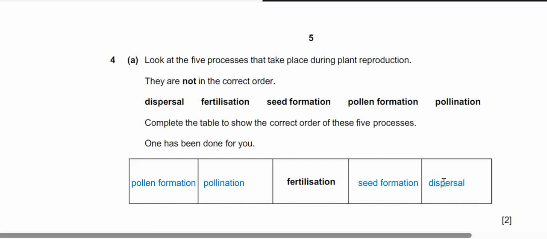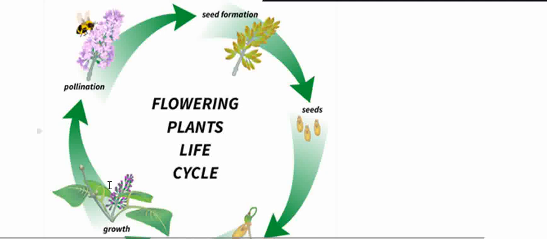So this is an illustration. So pollen is formed in pollen sac in a flower. So after that, insects will carry the pollens to the stigma for pollination, from one flower to another flower.